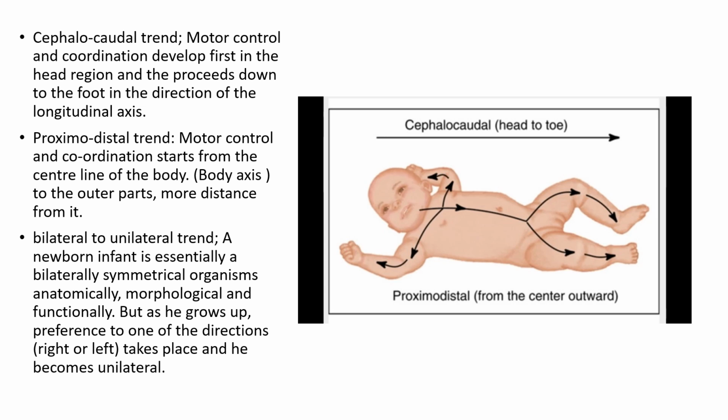So supporting the head ensures that the head gains control at the beginning. Later, when they gain control over their head, the rest of the body parts also gain control, progressively reaching in the direction of the foot. Okay, so from head to foot.